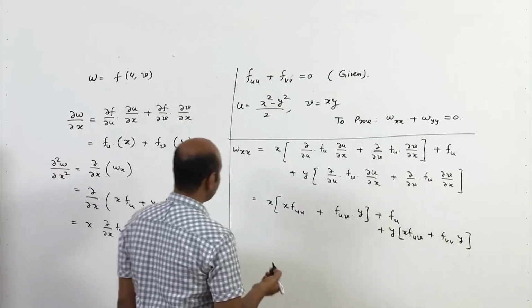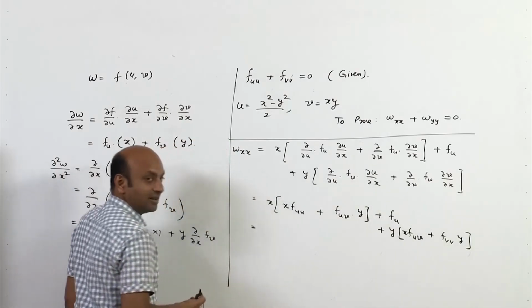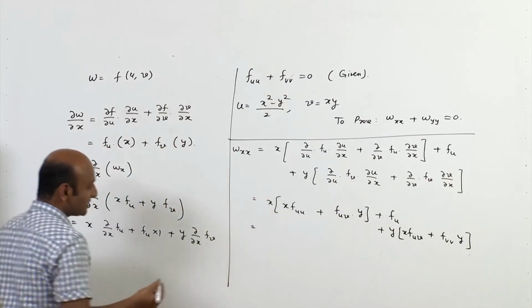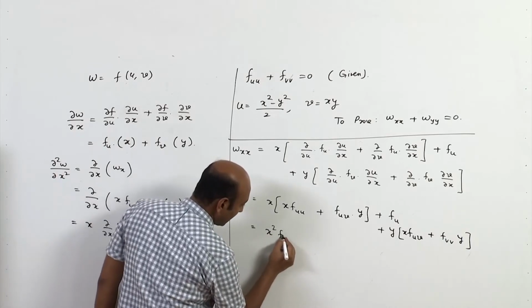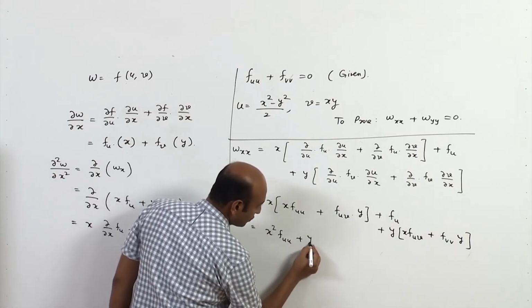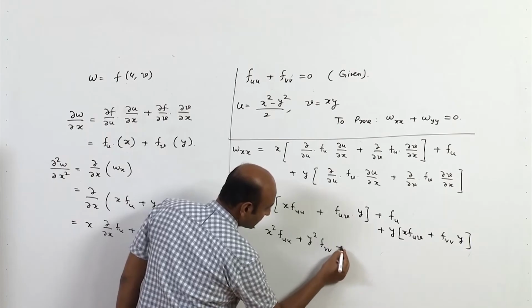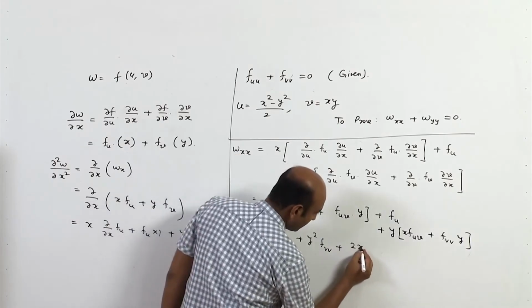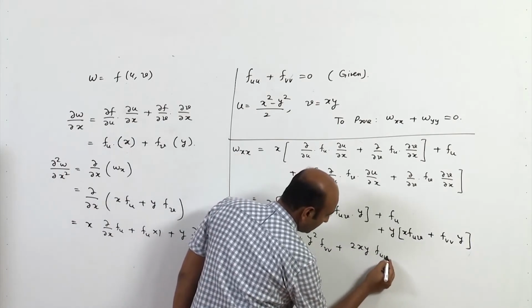So this is what we are getting as del square w by del x square, which is x square f u u plus y square f v v plus 2xy f u v plus f u.